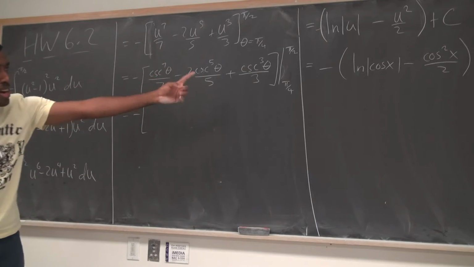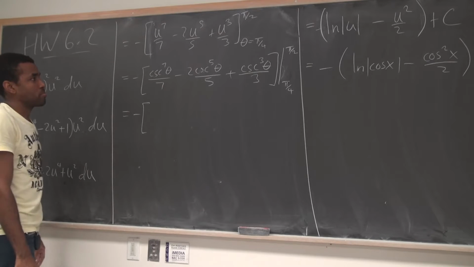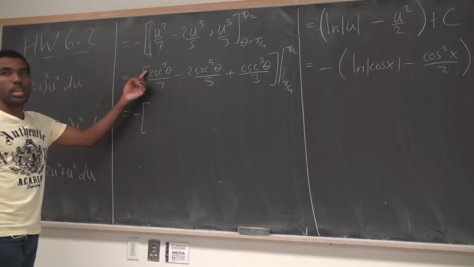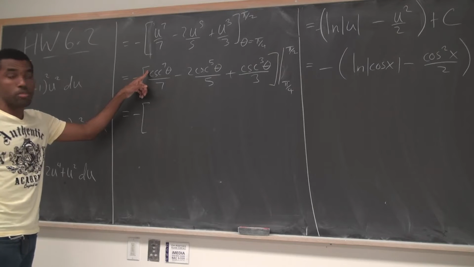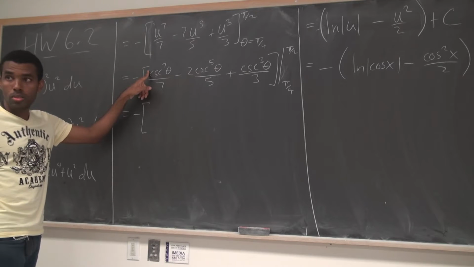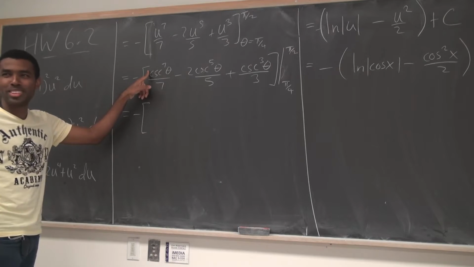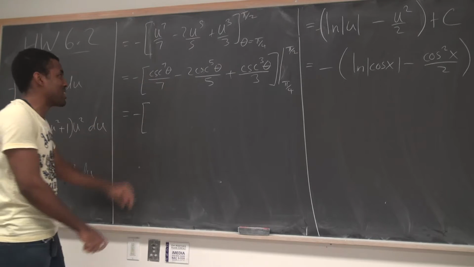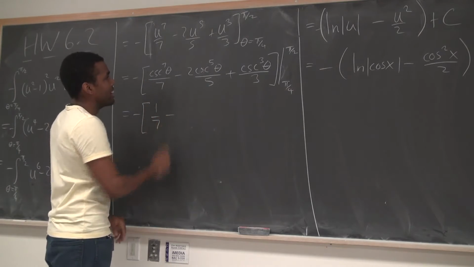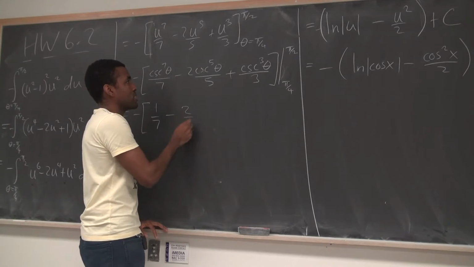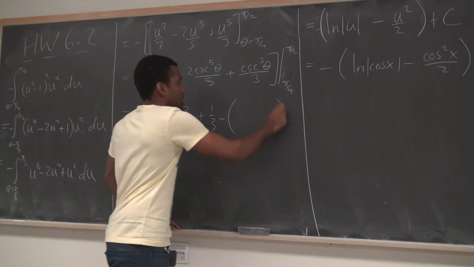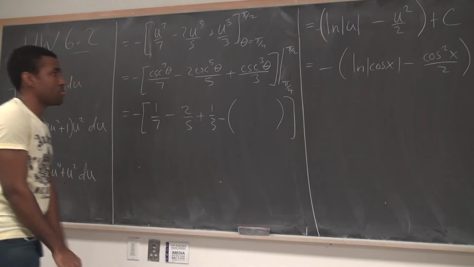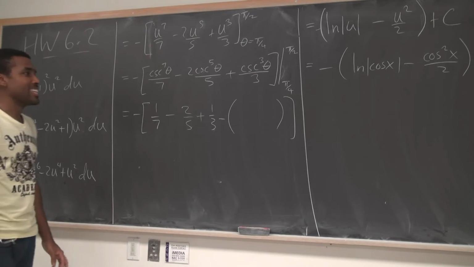What's cosecant of pi over 2? What's cosecant? 1 over sine. What's sine of pi over 2? Are you just messing with me? You really want me to throw this, don't you? That's 1. This is just going to be 2/5. This is going to be 1/3 minus, and this is going to be the ugly part.